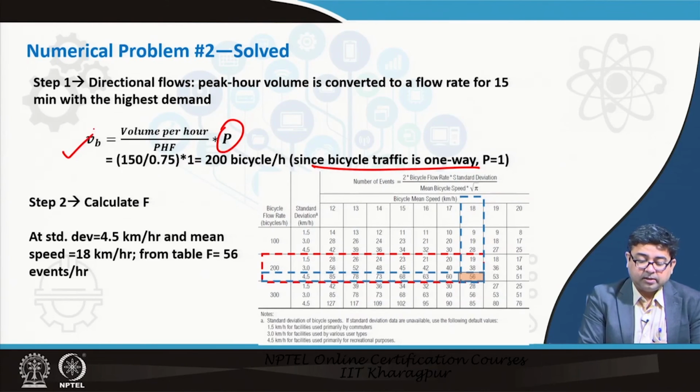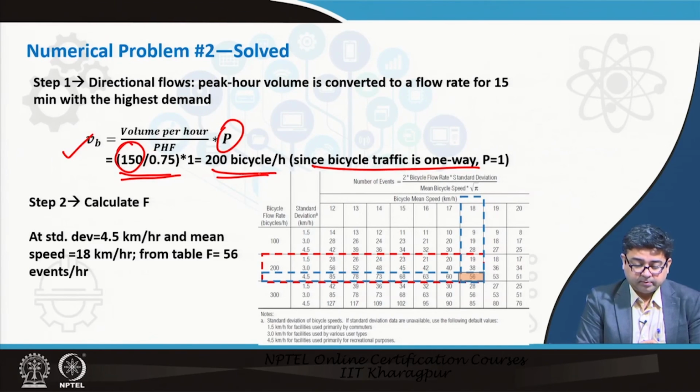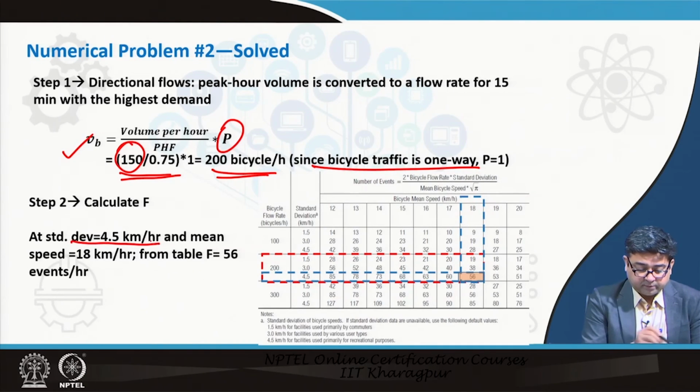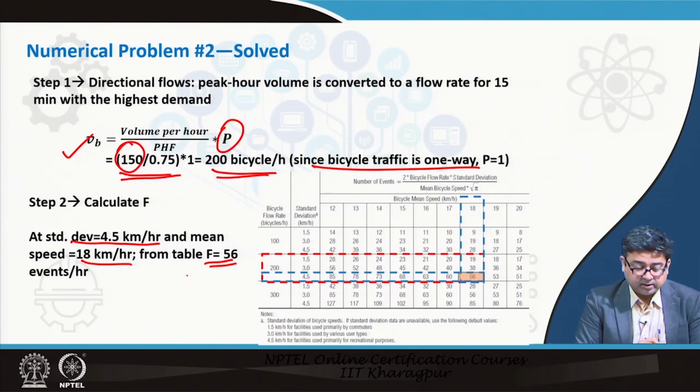When you calculate, the peak hour volume is converted into directional flow by just dividing this by the peak hour factor, and you know that it is 200 bicycles per hour, and given the standard deviation of 4.5 kilometers per hour and speed of 18 kilometers per hour, from the table you can know the F.